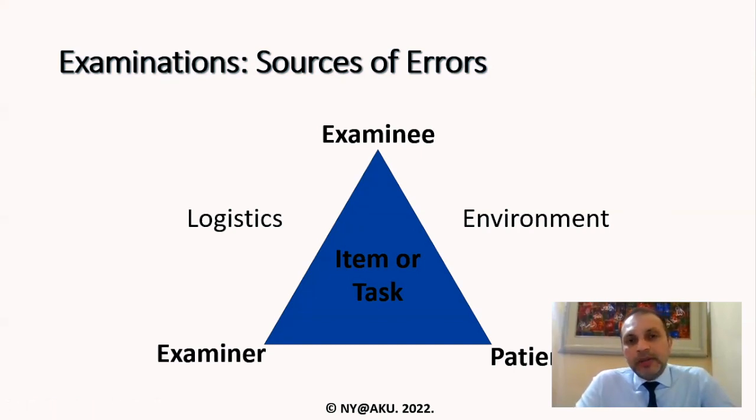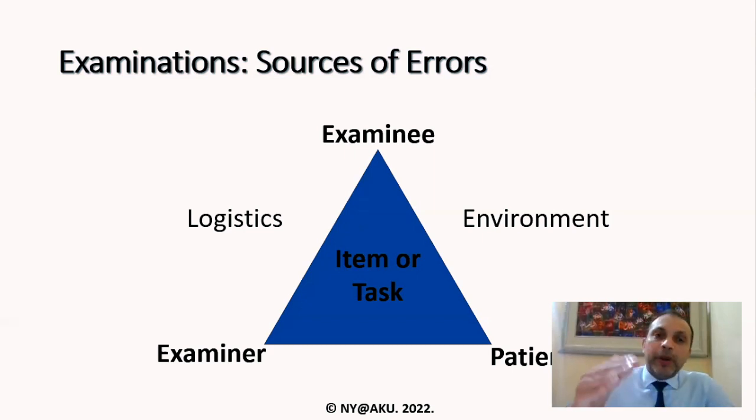So what we want in a standardized examination is that all other factors we have talked about behave the same for all examinees or candidates. The task should be understood similarly by all candidates. So the only variation in score is dependent upon the candidate's capability, ability, or competence, skills or knowledge.